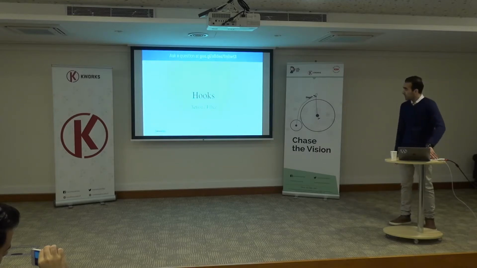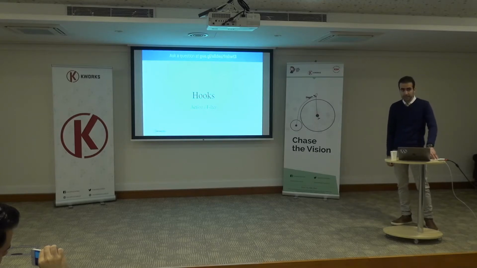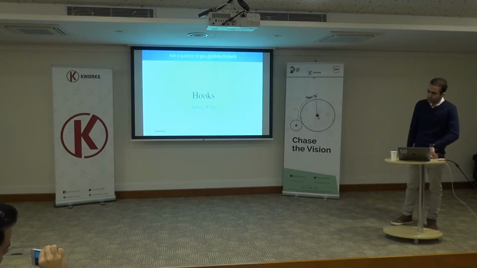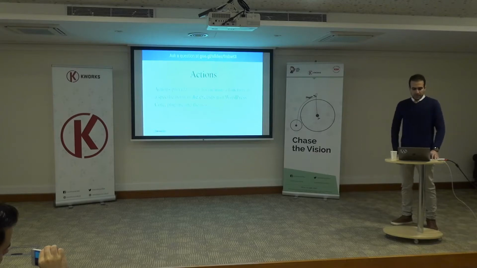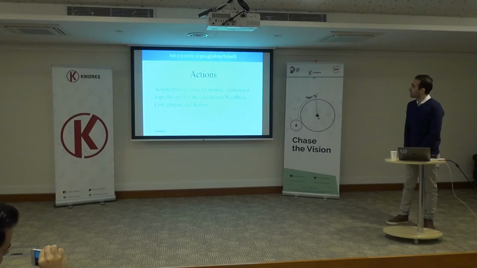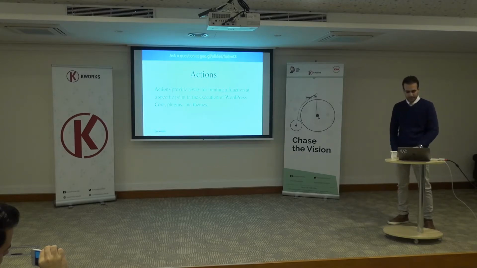Hooks. There are two types of hooks in WordPress: action and filter. Let's get to know hooks more. Action. Actions provide a way of running a function at a specific point in the execution of WordPress core, plugins, and themes.